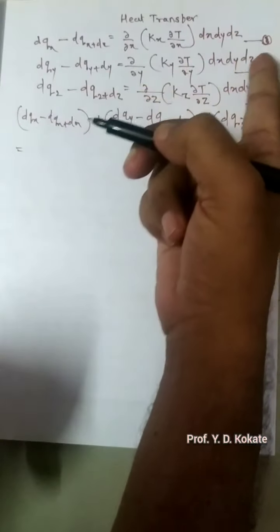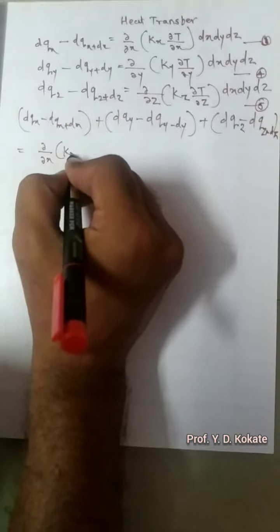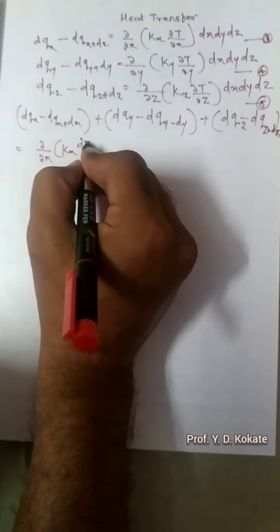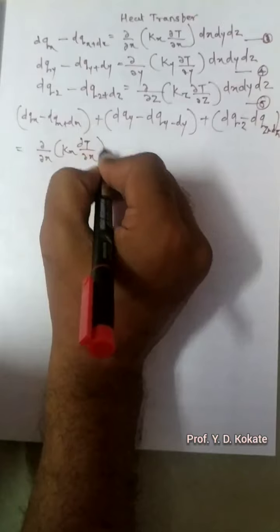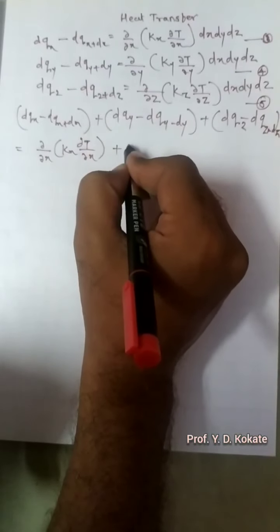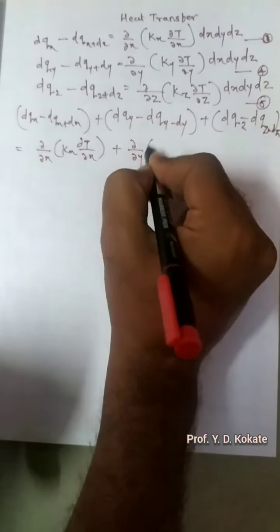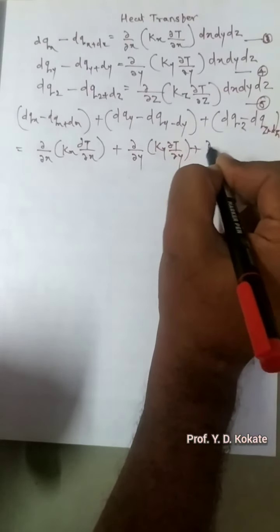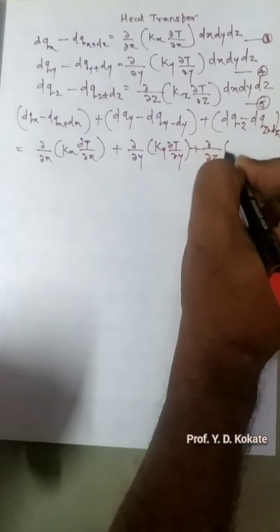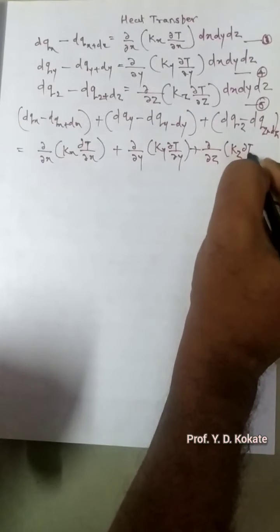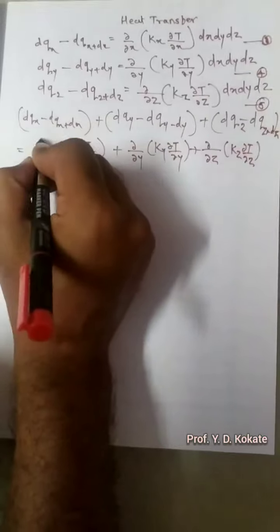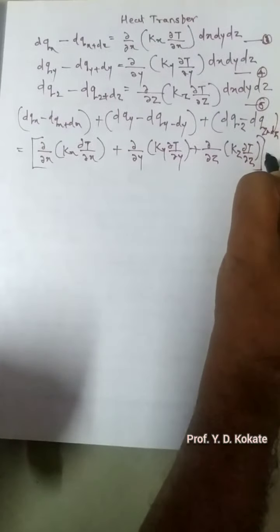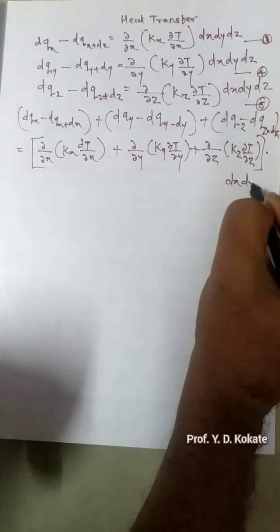Now dx dy dz is common, so I keep it outside the bracket. So ∂/∂x (kx ∂T/∂x) plus ∂/∂y (ky ∂T/∂y) plus ∂/∂z (kz ∂T/∂z), all this in the bracket, and outside the bracket is dx dy dz.